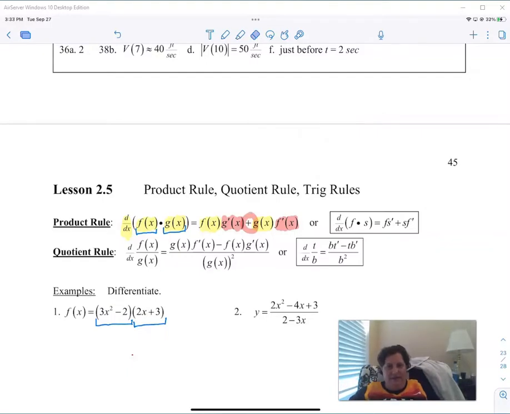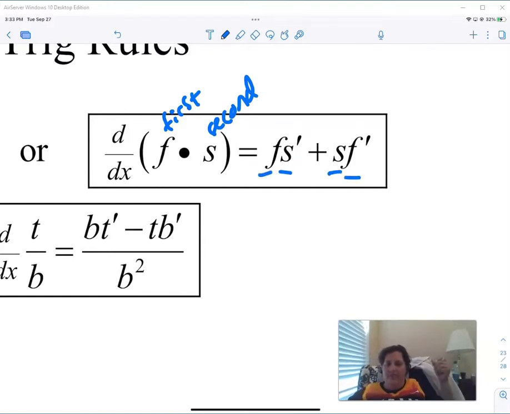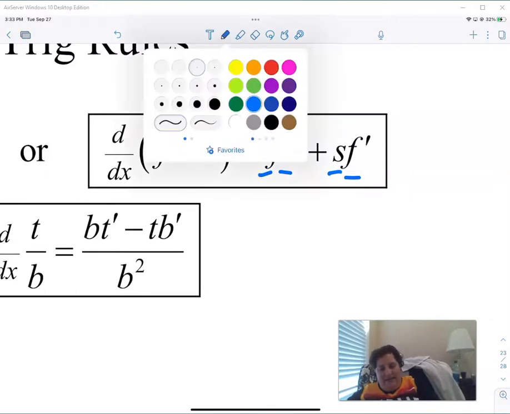Now, guys, this can be a little bit confusing. So one thing that I usually do is I call it first, second. And first times derivative of the second plus second times derivative of the first. It's really easy. The more you say it over and over again in your head, the easier it will get, right? Actually, the way I say it is a little different.